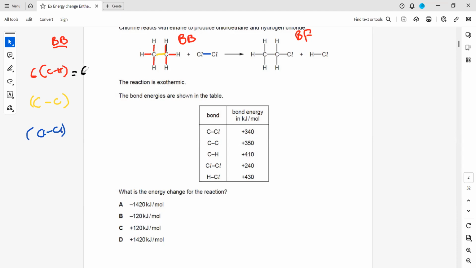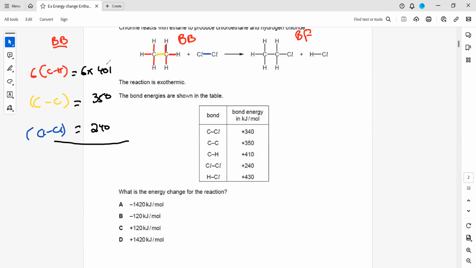This will be 6 multiplied by the carbon hydrogen bond, 410. So 6 into 410, and the carbon carbon bond energy is 350 as given here, and the chlorine chlorine bond energy is 240. So what's the final answer for the bond breaking?